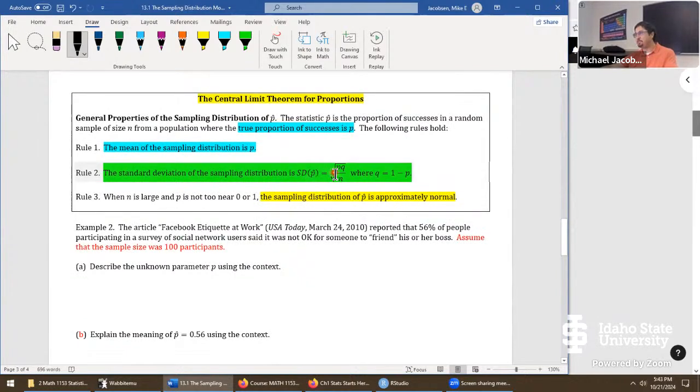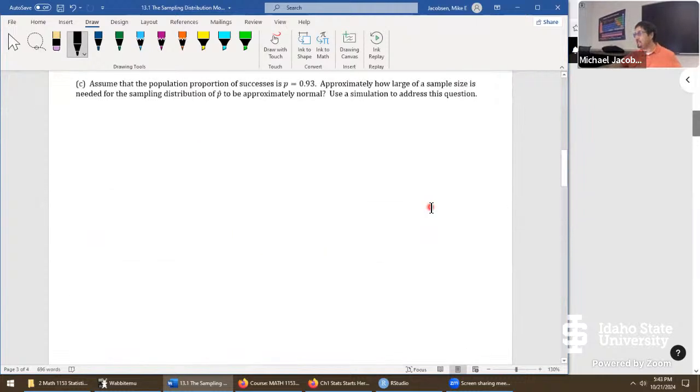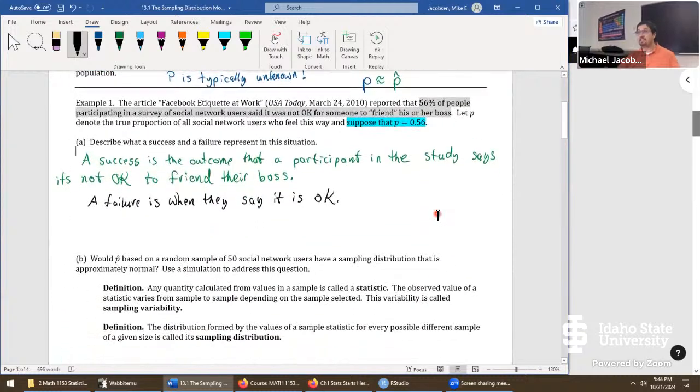Standard deviation of p hat is the square root of p times q divided by n. p is the proportion of successes, but we use the complement rule and call q the proportion of failures. So in formulas, we do use them, absolutely. So notice that is the complement rule, since it's 1 minus the proportion p, the probability of a success. Other questions at the moment?